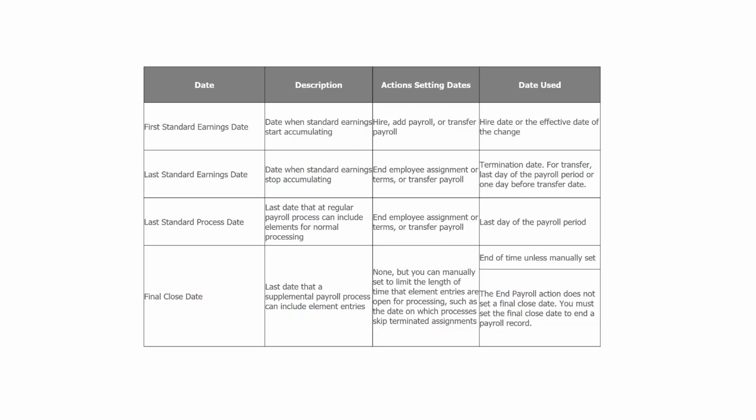If you have a stock market plan or a bonus plan or long-term incentive plan in the company which gets generated every 3 years, then you can put final close date in the particular element setup. If you specify any element setup as final close date, that element will be available even after the employee has left the company.